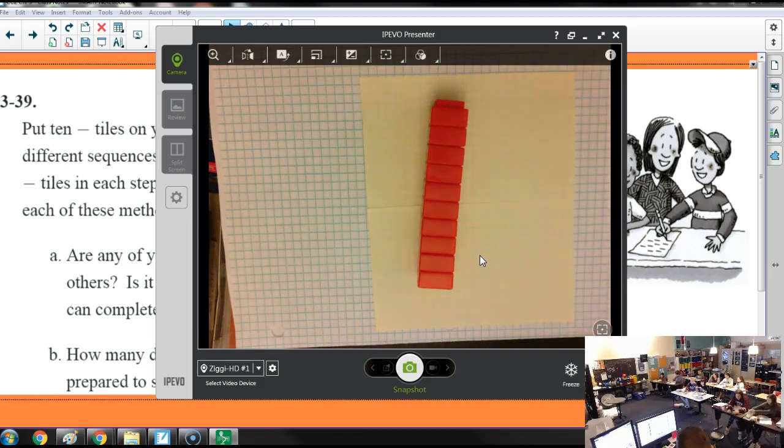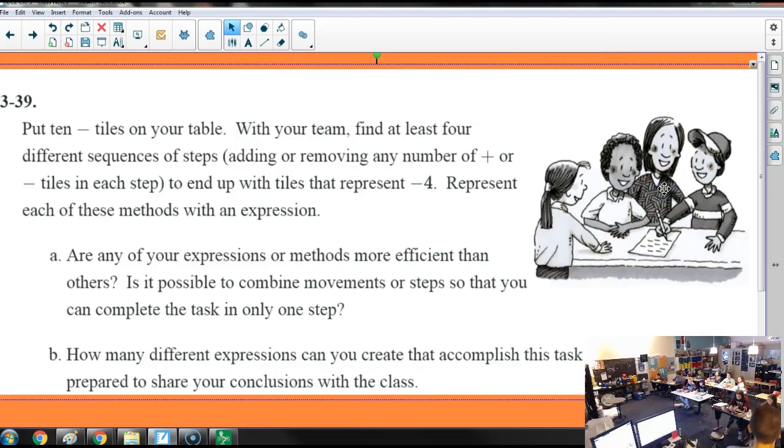Our task is going to be to figure out and write down, so as I walk around, you should be writing things after you figure them out, different variations of adding or removing whatever you want to end up with negative 4. So I want 4 different ways of adding or removing tiles to get to negative 4.